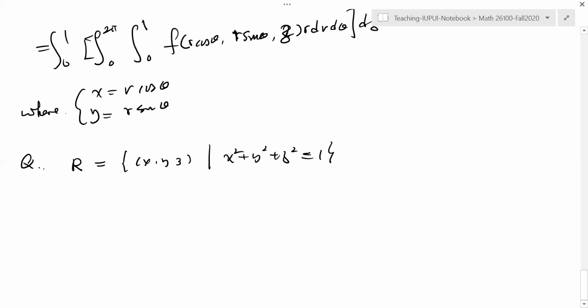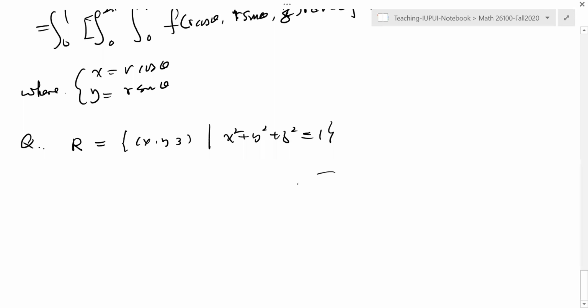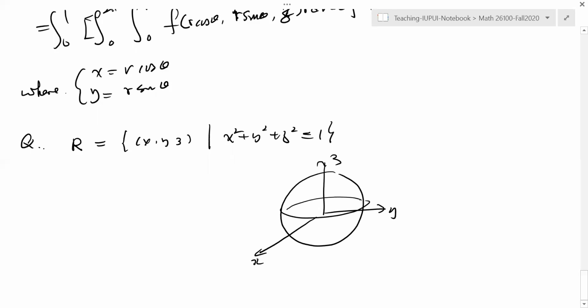This is a ball, okay, and you have a function of x, y, z on it. This is my r. So then, first, this is a triple integral.